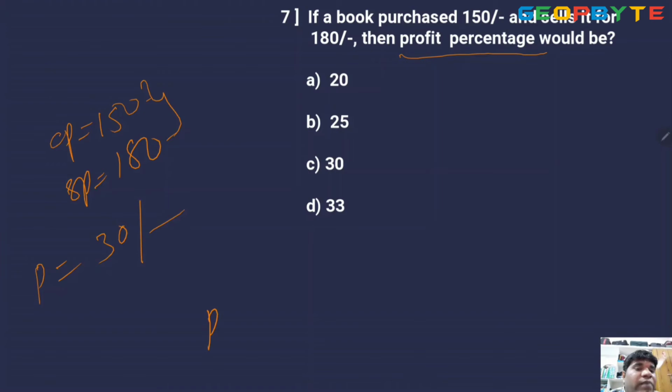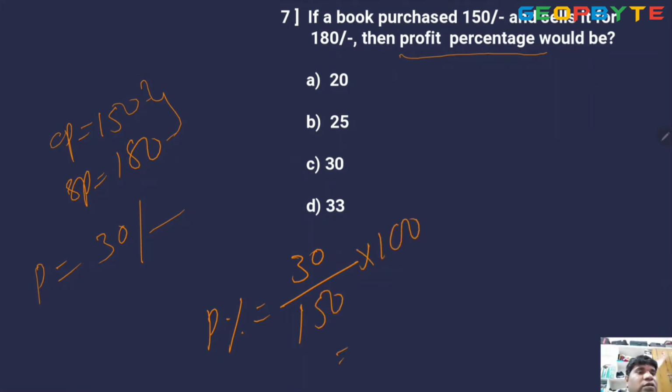You want profit percentage: profit 30 by cost price 150 into 100. The answer is 20. Got it, children? Next.